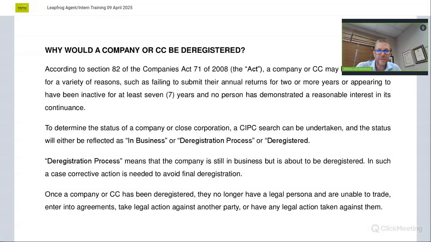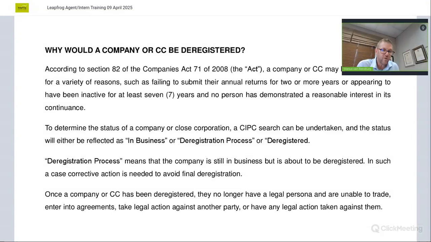So what CIPC did was they said, listen, and this is in terms of Section 82, if you don't pay your annual subs for 2 or more years, or we can see your company is not active, we're going to deregister your company, right? So this is not related to property. This is a general process of deregistration. So what they do is, if you don't pay, they put you into the deregistration process.